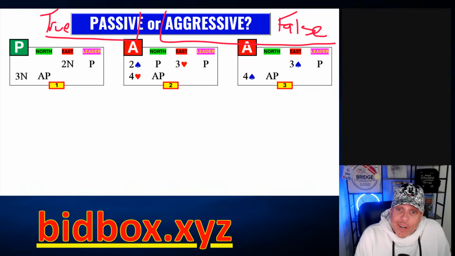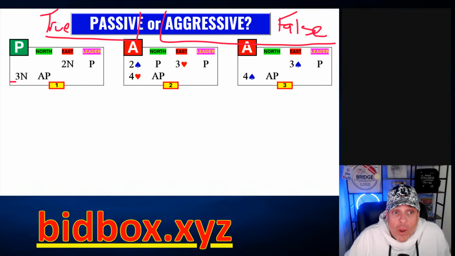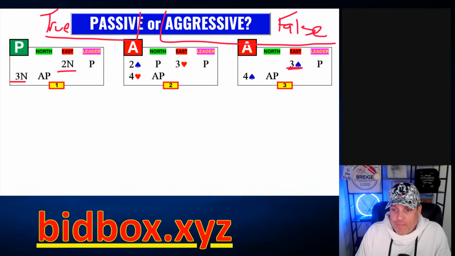But secondarily, folks, just like on the far left in number 1, we have spots where we know when it's very strong on our right, we want to be passive. But here, what do we know about our right-hand opponent's hand as far as strength? What do we know about their strength, folks?